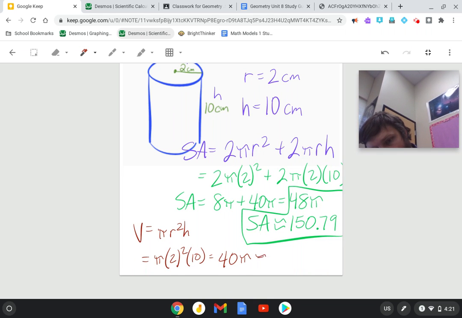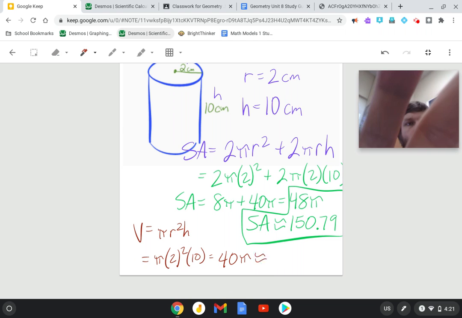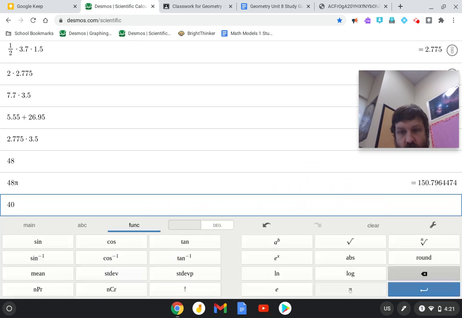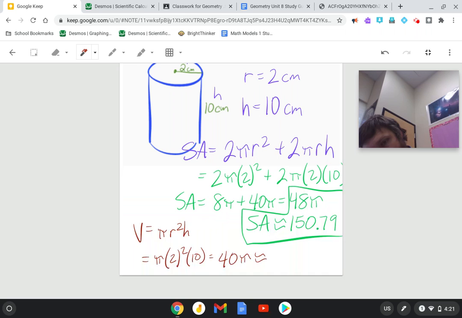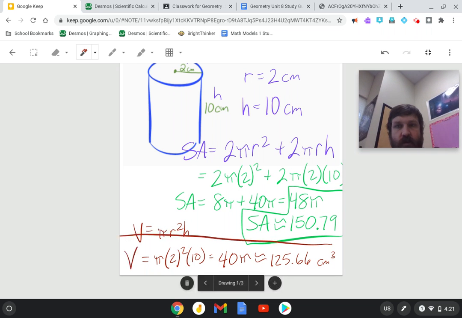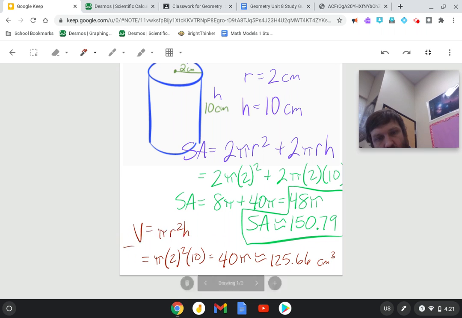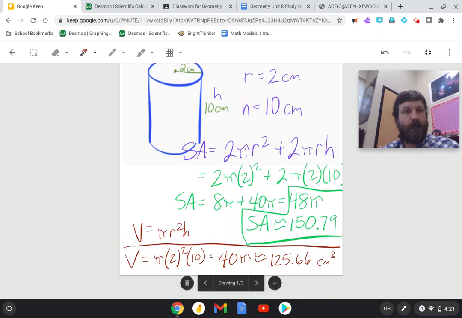Also equal to 40 pi. Let's jump over here. 40 times pi is 125.66. 125.66 centimeters cubed. So either one of those will be equal to the volume of the cylinder. All right.